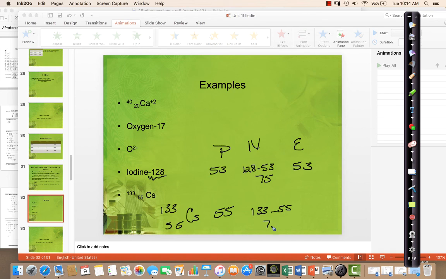So it's 78. And there's no charge here, so we know that the protons and electrons should be equal. Make sure that you know how to get the number of protons, neutrons, and electrons. Remember, protons never change.